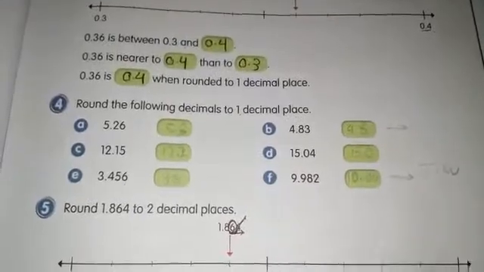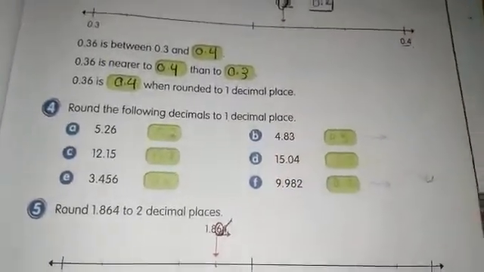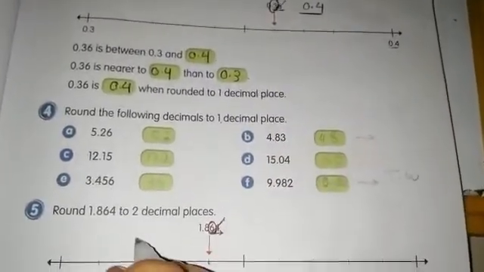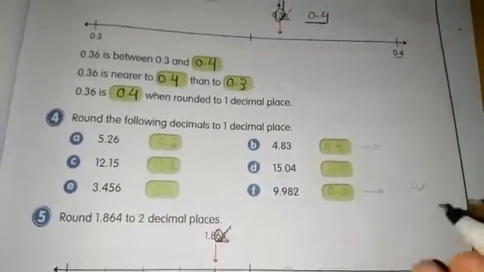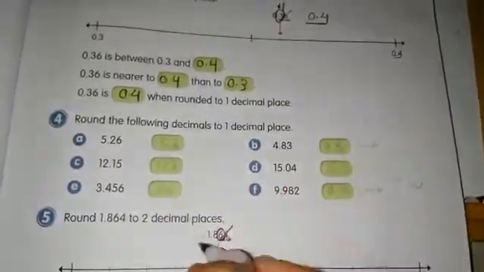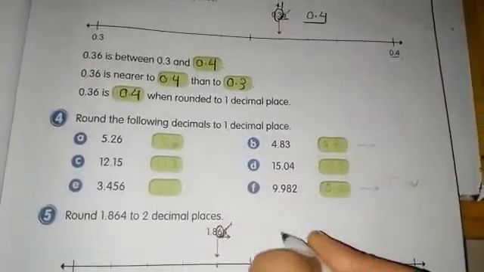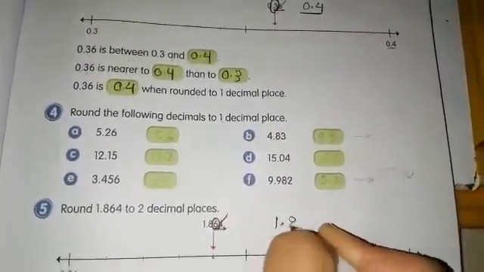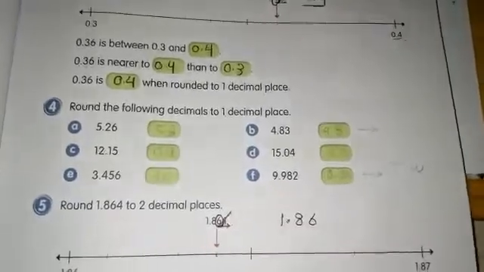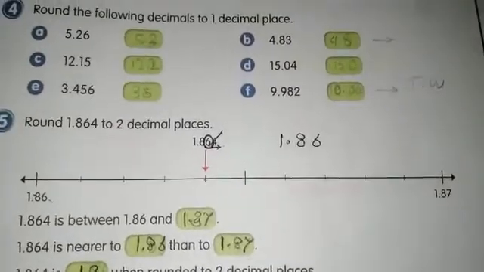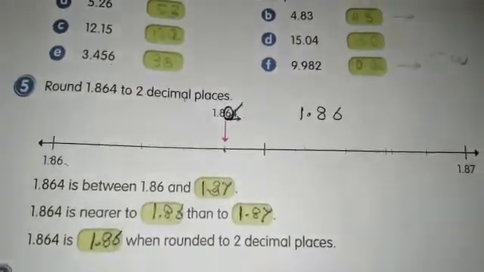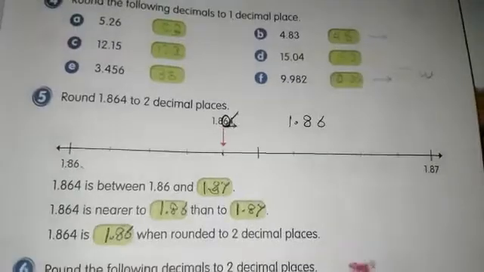Numbers on the left just stay the same. So these are going to stay the same. I will write the number 1.86. So when I round this to two decimal places, it will be 1.86. Okay, so now we finished these exercises.